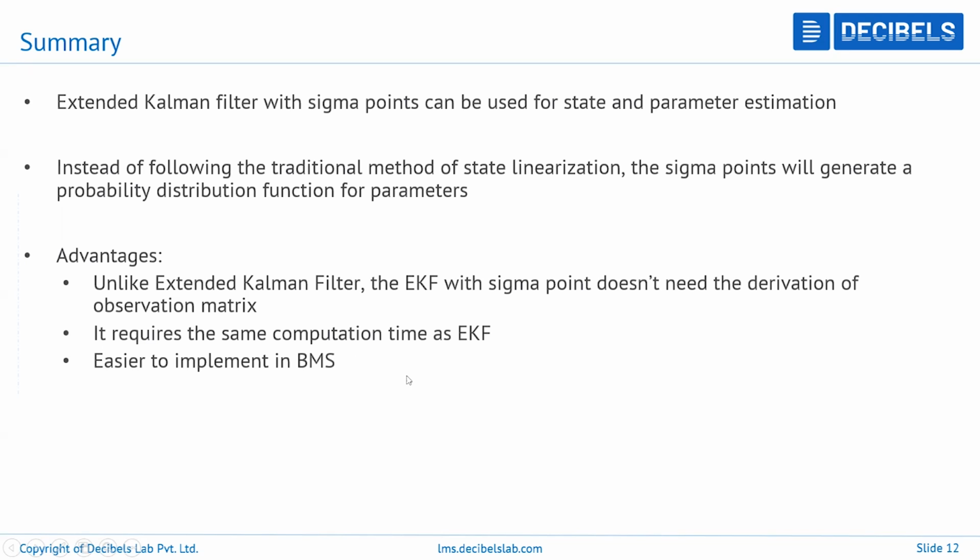The computation power is the same as that of EKF; it does not require more power. It is also easier to implement in terms of BMS, so from a BMS application point of view, this can be implemented. So this is your overview of the extended Kalman filter for state of health and state of charge estimation. Even the parameter, that is internal resistance, is being estimated.